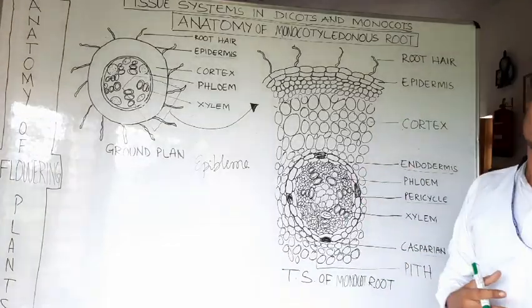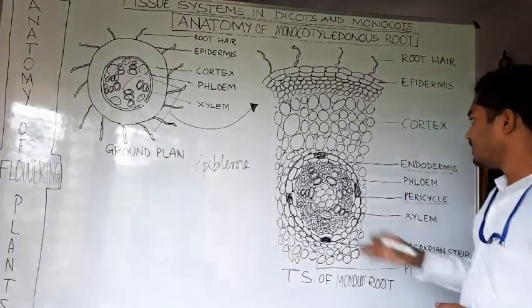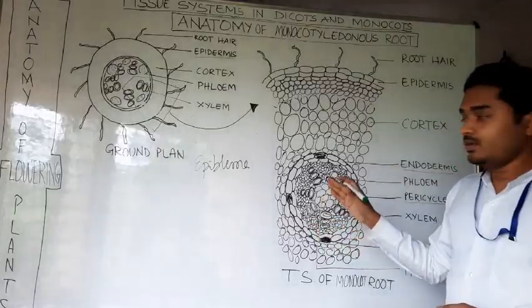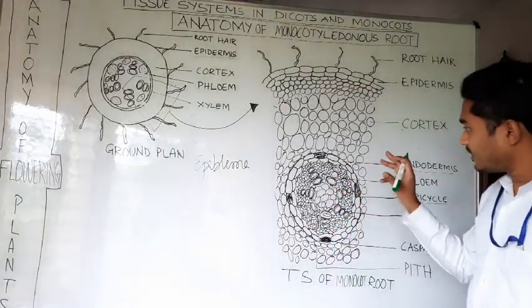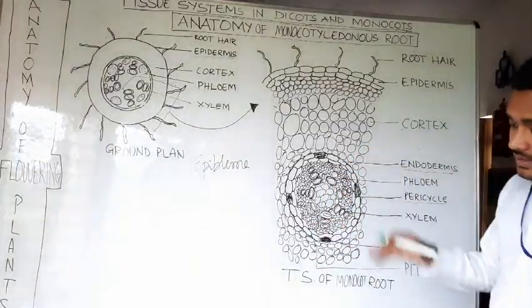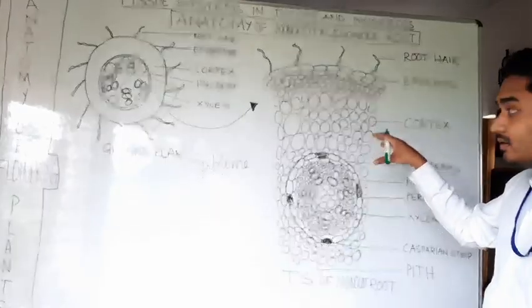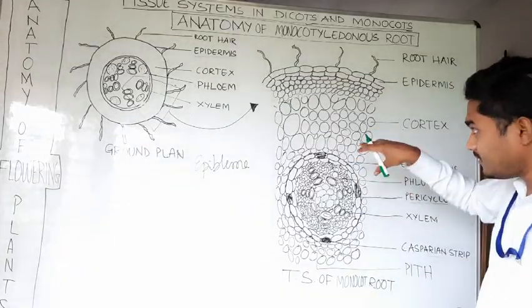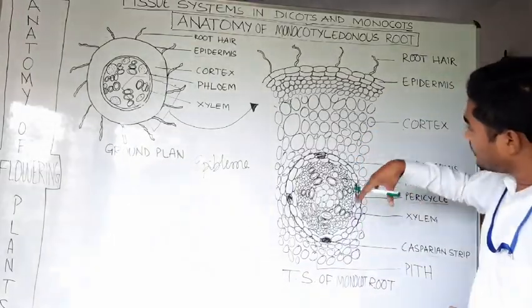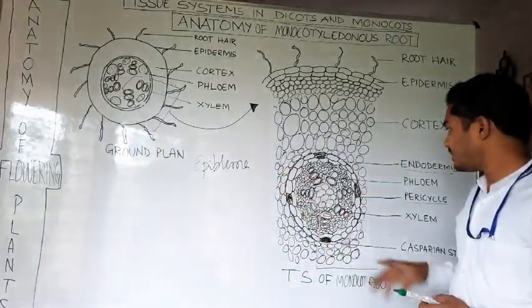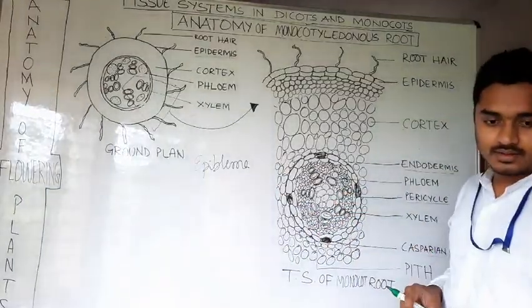Then how does the water get transported? The other cells in which Casparian strips are not found are known as transfusion cells. And these transfusion cells help the water to be conducted to the xylem or the vascular bundles.